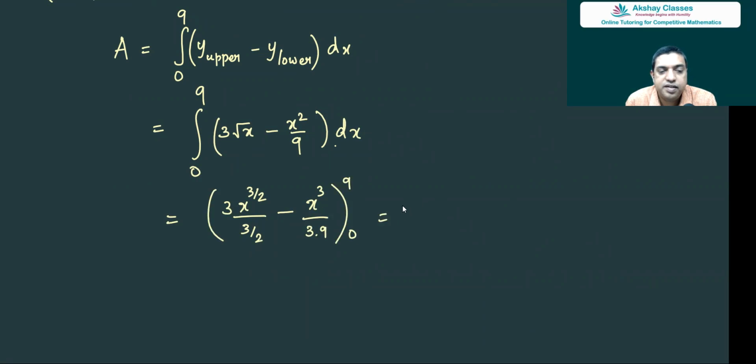So the 3 cancels, 2 into 9 to the power 3 by 2, minus 9 cube by 3 into 9, minus 0 minus 0.